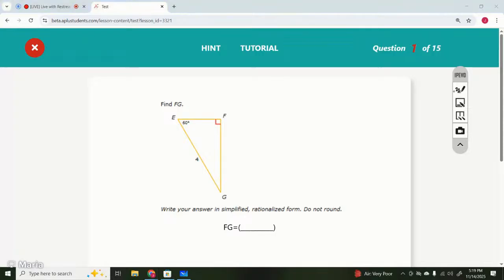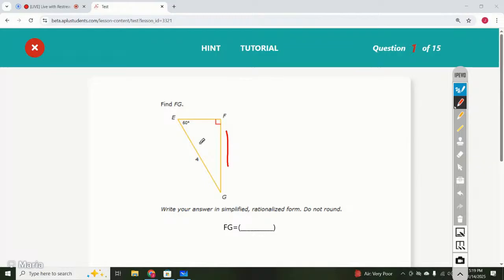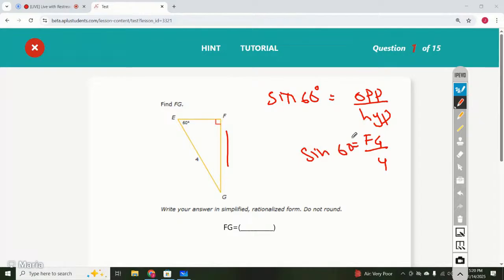Find FG. So we need to find the length of the FG. So let's just use sine 60. That is opposite divided by hypotenuse, right? So opposite is FG, you need to calculate. Hypotenuse is 4 and we have to calculate sine 60. So FG is equal to 4 times sine 60.